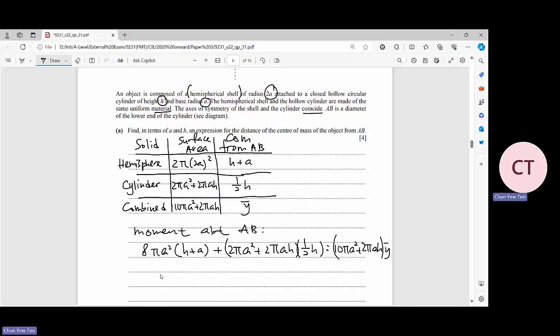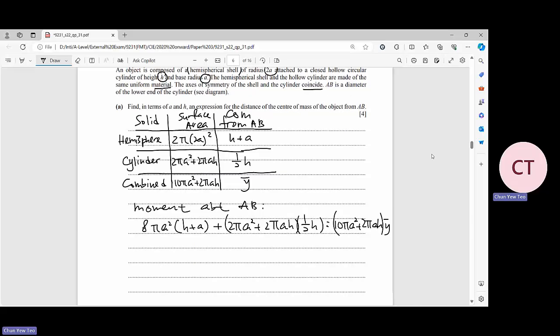All of them can divide by pi a, and can divide by 2 as well.